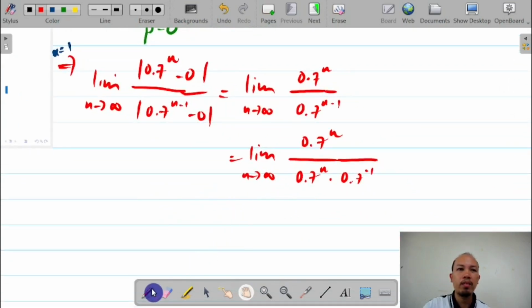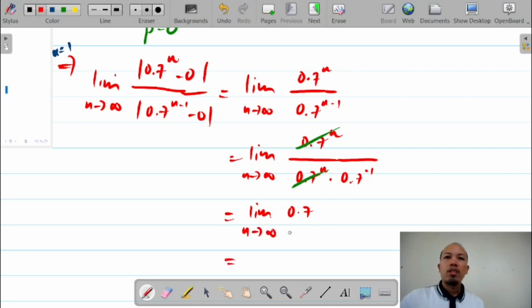And as you can see here, we can cancel this out, and what we have here is 0.7 as n approaches positive infinity. So we have a negative exponent here, so we can place it in the numerator, and we know that the limit of a constant is the constant.